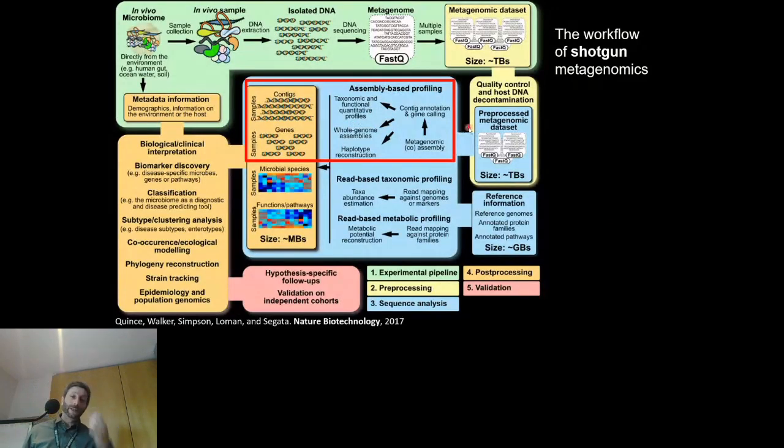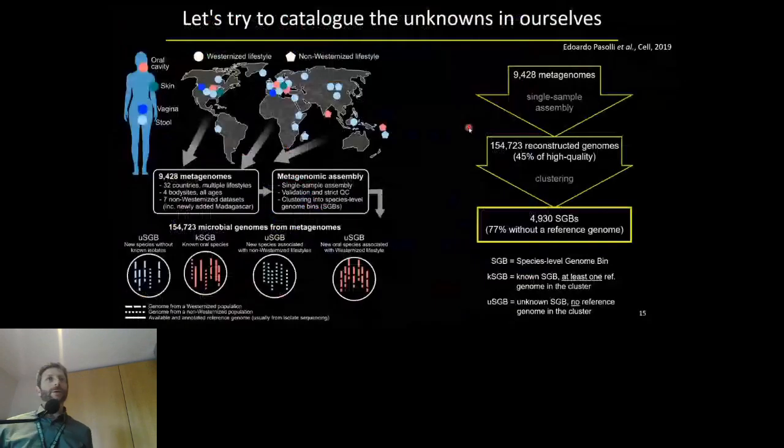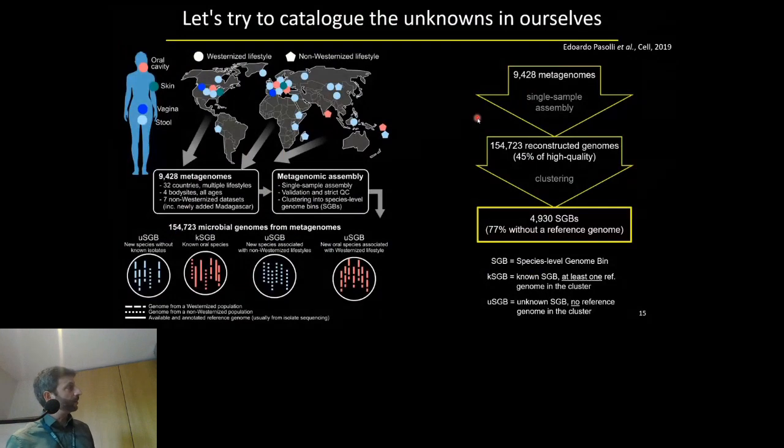And indeed, what we did was to basically repeat that operation that I showed you on a skin sample, but on almost 10,000 metagenomes, including skin samples, but mostly stool metagenomes, because the field is a bit skewed toward the gut microbiome.